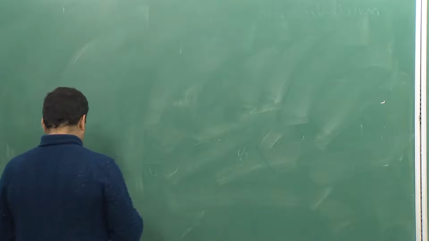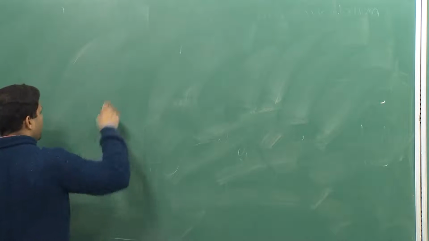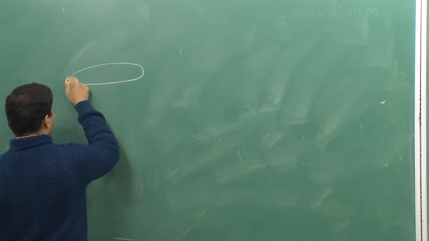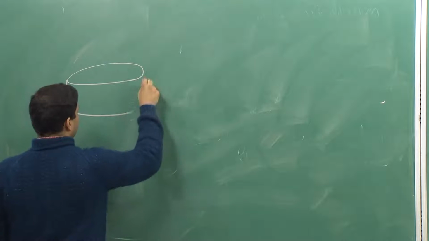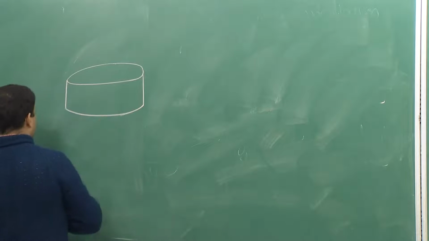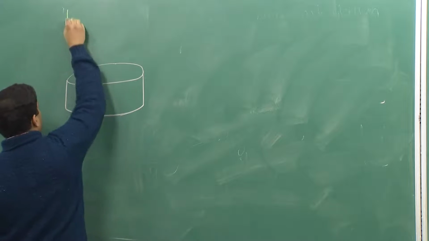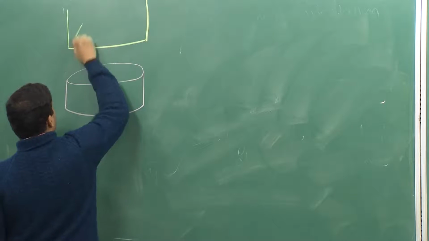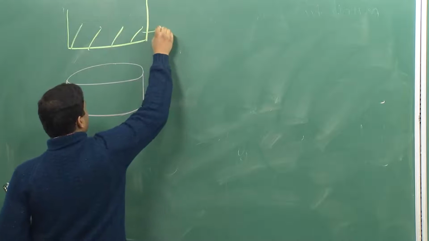So, for a simple example, let us say we have a cylindrical piece like this, and this is under some forging head.